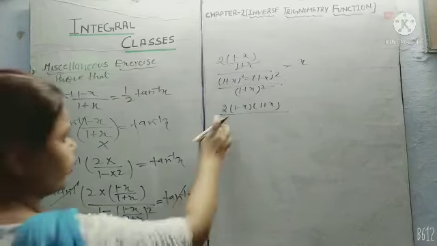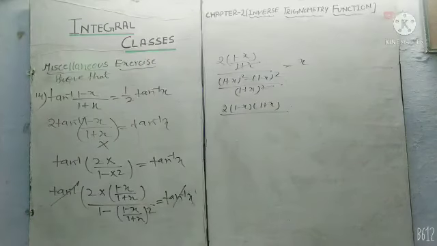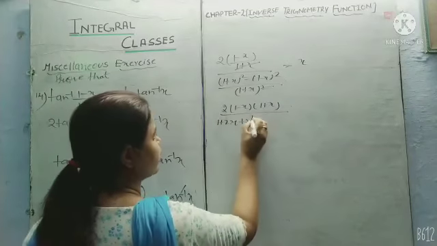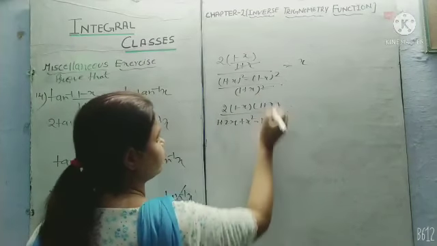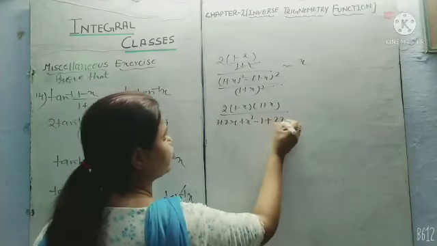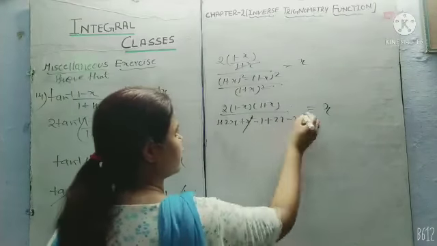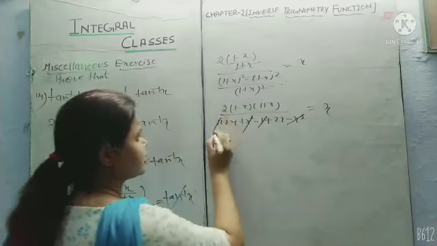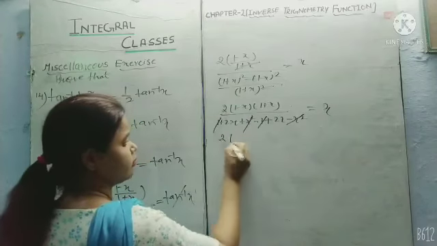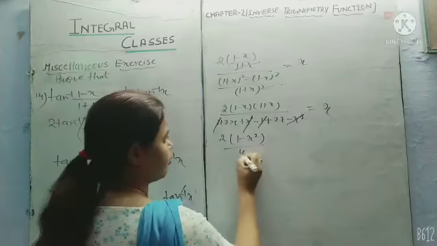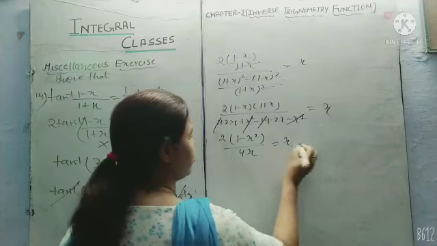Now we will open these two brackets, then 1 plus 2x plus x square minus 1, it will be minus, then plus 2x minus x square equals x. x square cancels, minus 1 is cancelled. It is a square minus b square, a minus b, a plus b, upon 4x equals x.